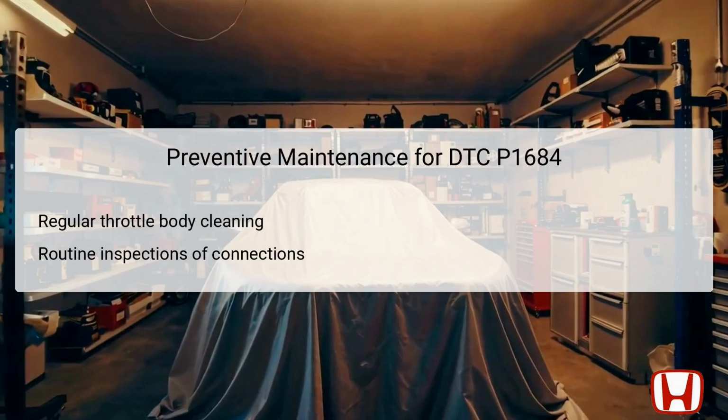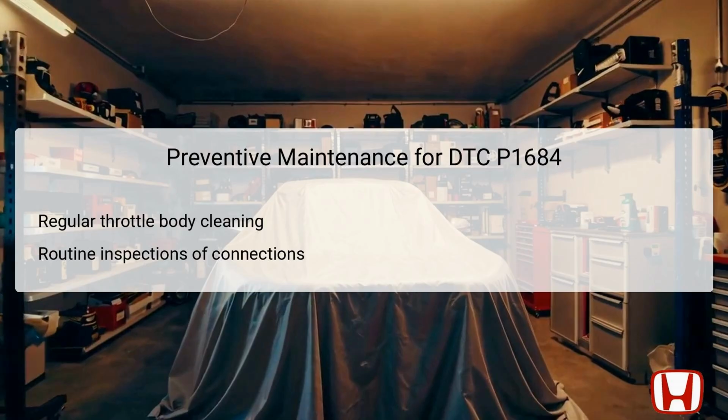As part of preventive maintenance to avoid similar issues in the future with DTC P1684, regular throttle body cleaning should be performed. Buildup of carbon and residue can significantly affect throttle performance over time. Thus, consistent cleaning ensures that the throttle valve operates smoothly.